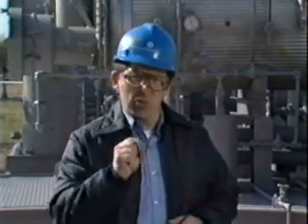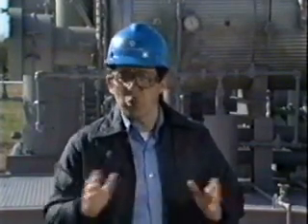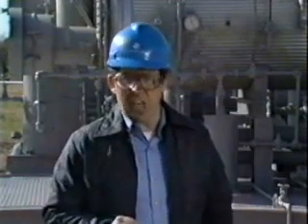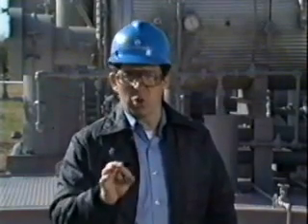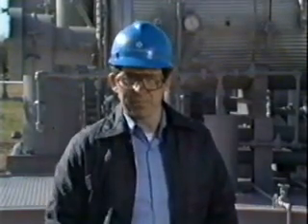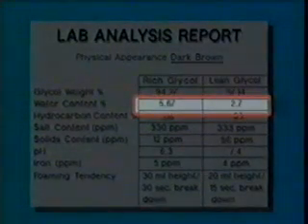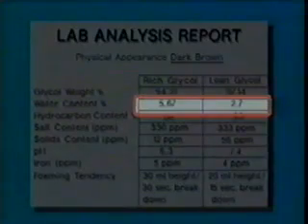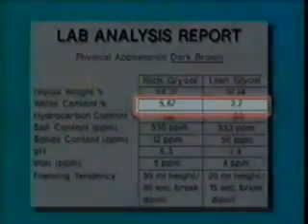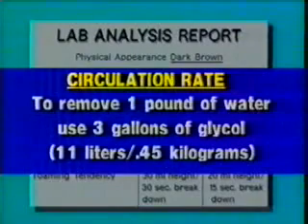A spread over 4 to 6% is too wide, and usually means the glycol circulation rate is too low and should be increased. The water content spread between our samples, approximately 3%, falls in the acceptable range. A good guideline for circulation rate is, for every pound of water to be removed, use 3 gallons of glycol.